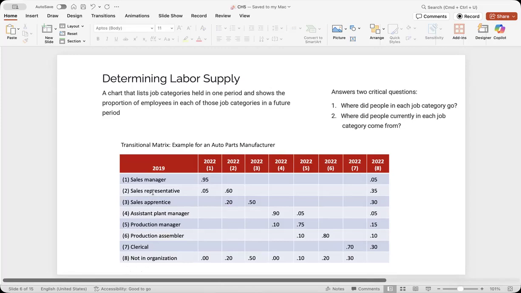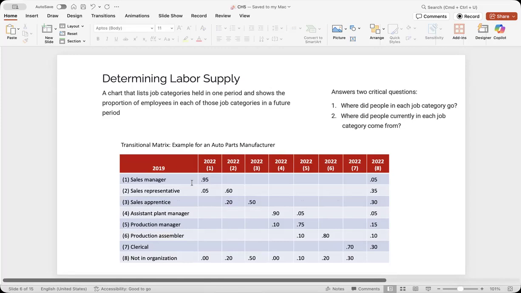Sales reps in 2019, in 2022: 5% of those people are still sales reps in 2022. 60% of them are now sales apprentices. Okay. And then 35% of them are now sales managers.